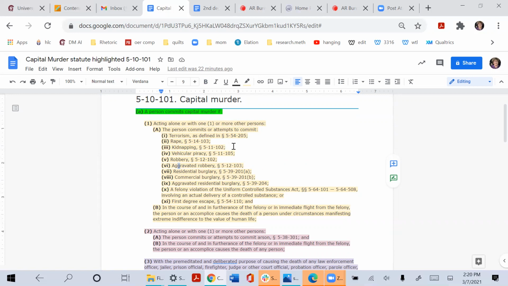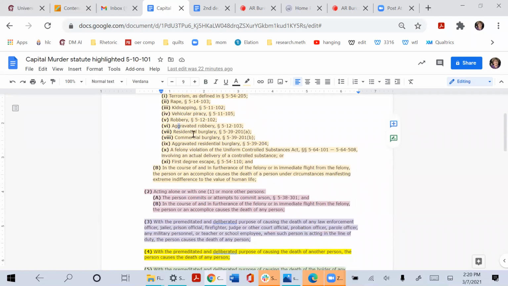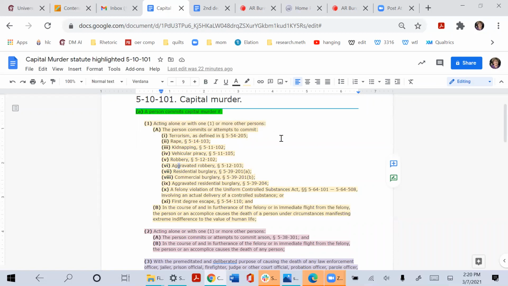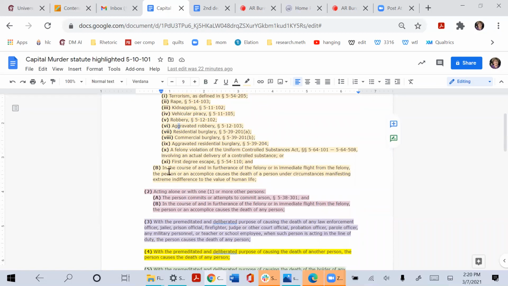But basically what happens is the person is committing some kind of felony, one of the ones that are listed here, which we treat as the worst ones. So we have A, the person commits or attempts to commit one of these felonies. And then B, we have language: in the course of and in furtherance of the felony or in immediate flight from the felony, the person or an accomplice causes the death of a person under circumstances manifesting extreme indifference to the value of human life.